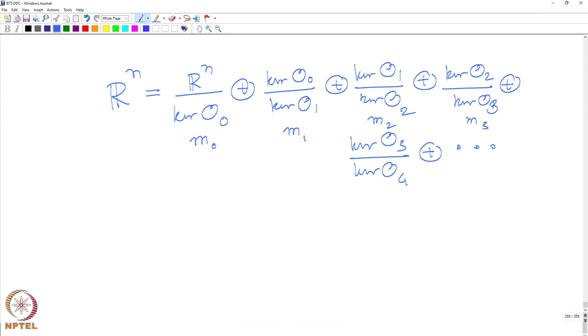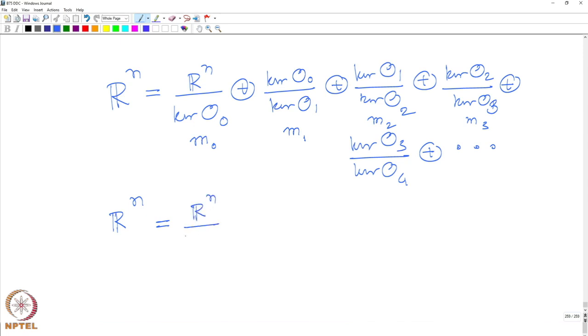And then under observability we notice the following. Suppose I look at this R n, and I do the following.